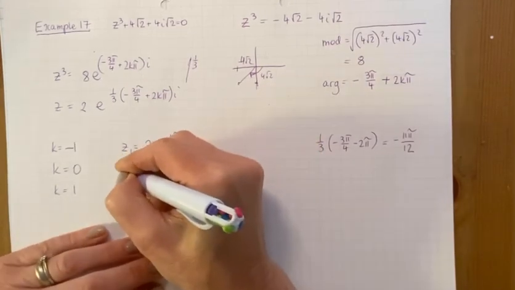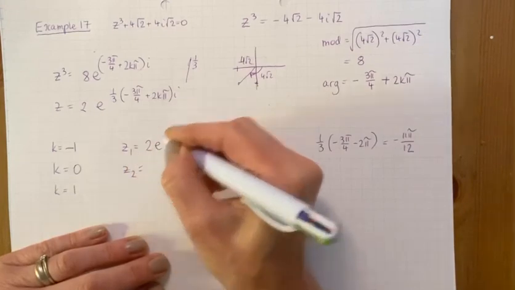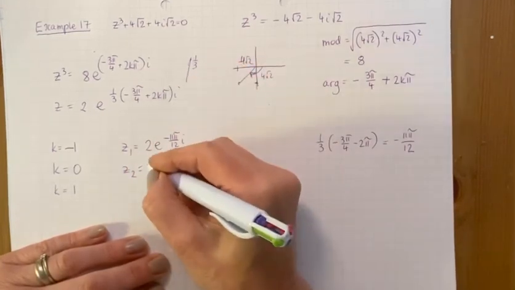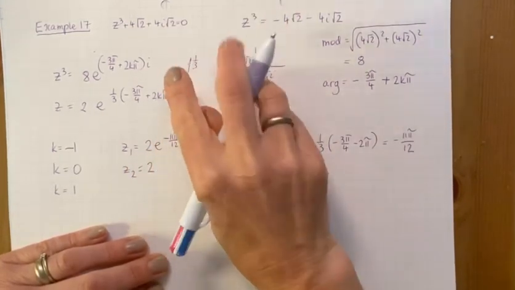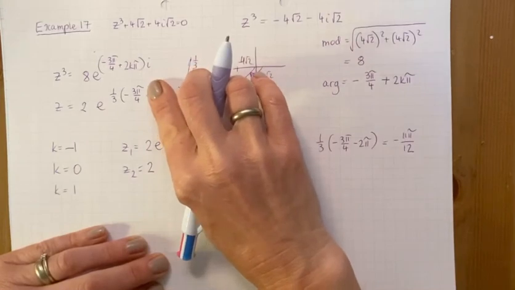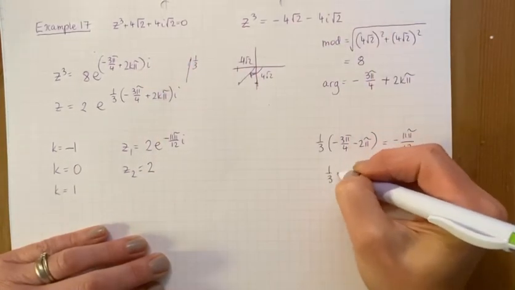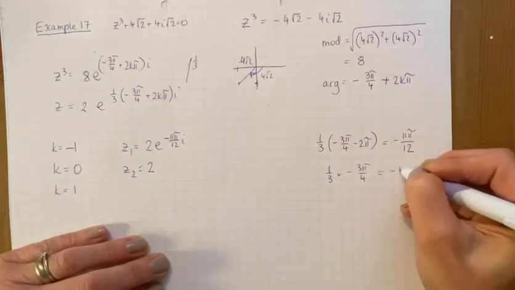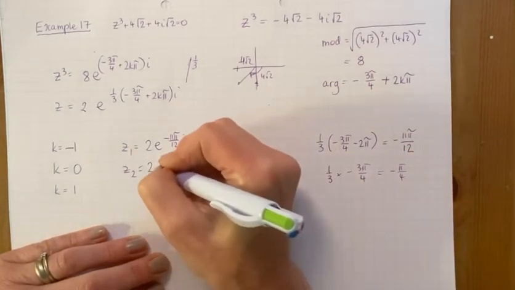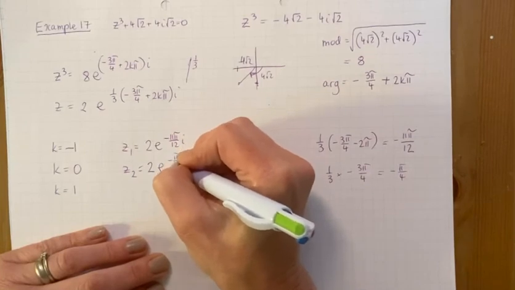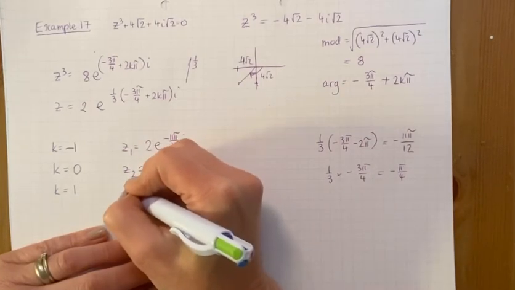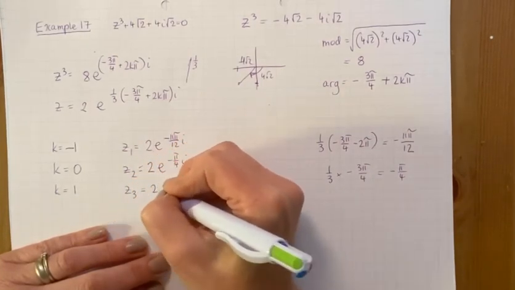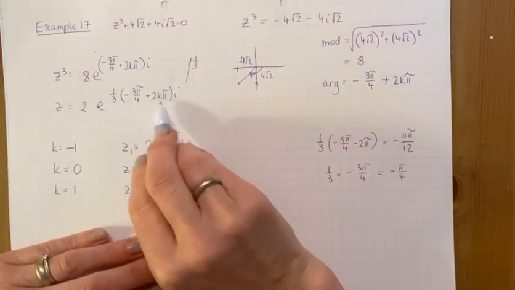The first argument. The second one, if we put 0 into our argument, the 2 stays the same. So you are left with a third times minus 3 pi over 4. So it's going to be minus pi over 4. And the final one, let's put 1 over here.